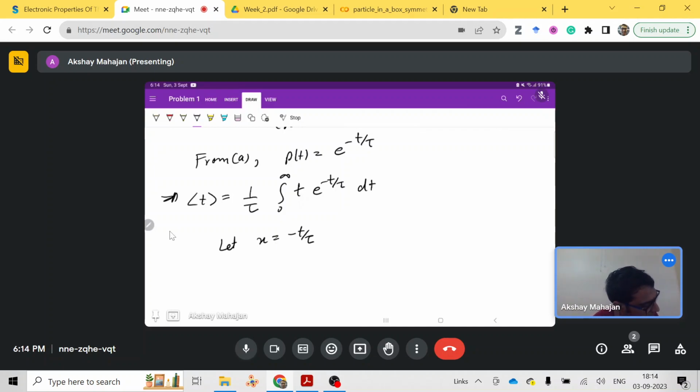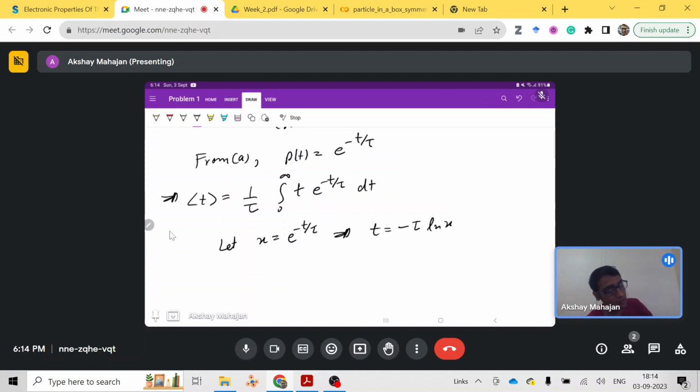Now to do this integration, what we can do is let x equal e to the power minus t by tau.